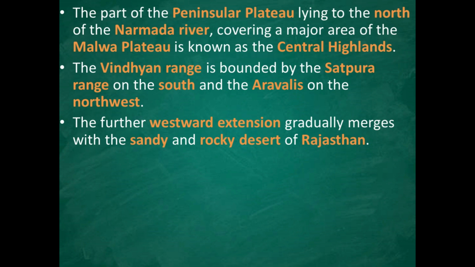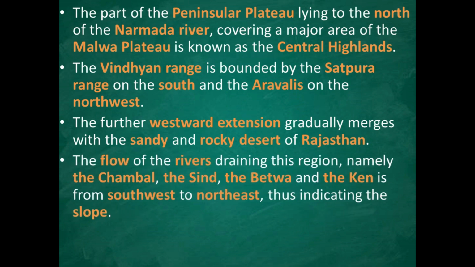The further westward extension gradually merges with the sandy and rocky desert of Rajasthan. The rivers draining this region, namely the Chambal, the Sindh, the Betwa and the Ken, flow from southwest to northeast, thus indicating the slope.